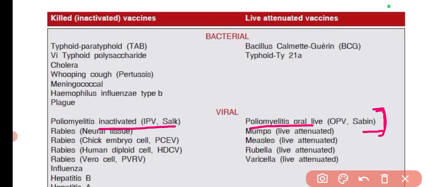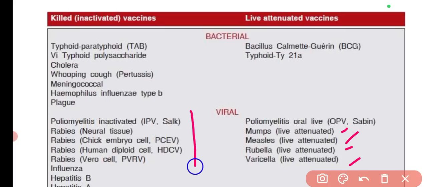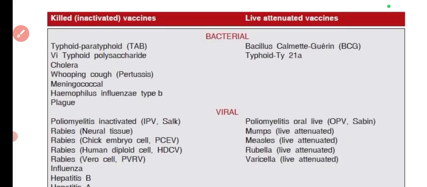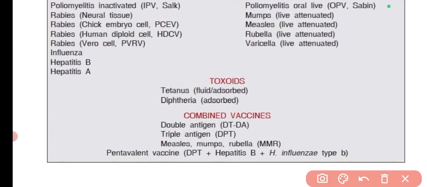This can create confusion, so remember: Sabin is live and Salk is killed vaccine. Then mumps, measles, rubella, varicella: these are live attenuated viral vaccines, and the others, rabies, influenza, hepatitis B, hepatitis A, are killed viral vaccines.